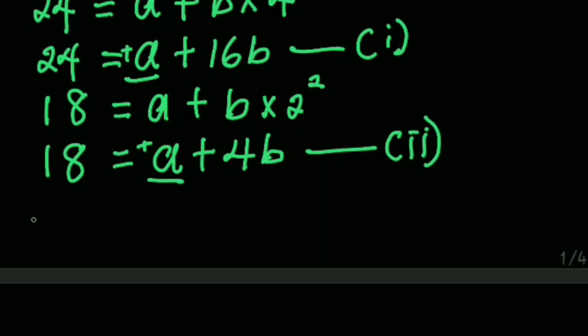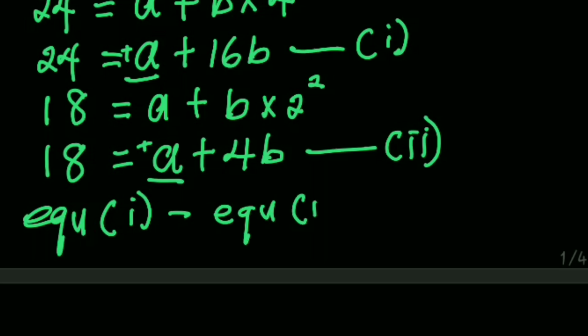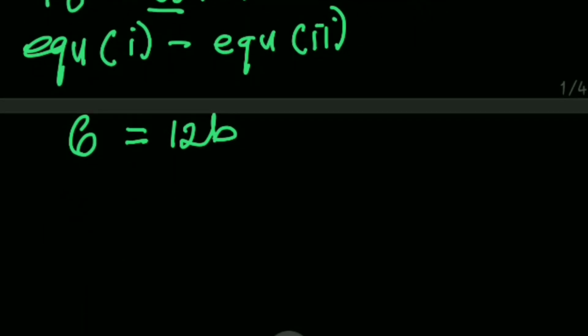So in this case, I'm saying equation 1 minus equation 2. The signs are the same. So here I would have 24 minus 18, that's 6, equals A minus A, that's 0, plus 16B minus 4B, that's 12B.